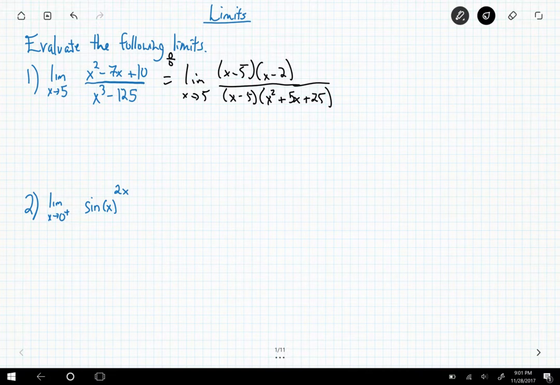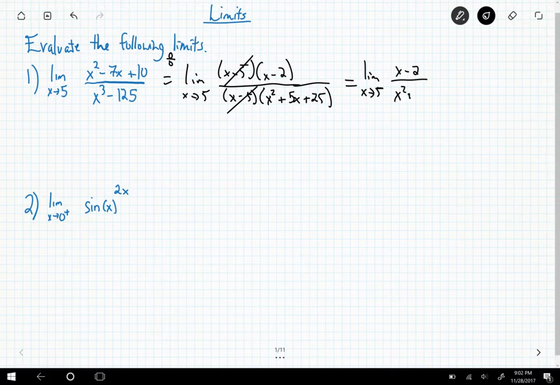Now where do we go from here? Well, let's take a look and see what happens. So we can cancel off our x minus 5's, and we're left with the limit as x approaches 5 of (x minus 2) over (x squared plus 5x plus 25).